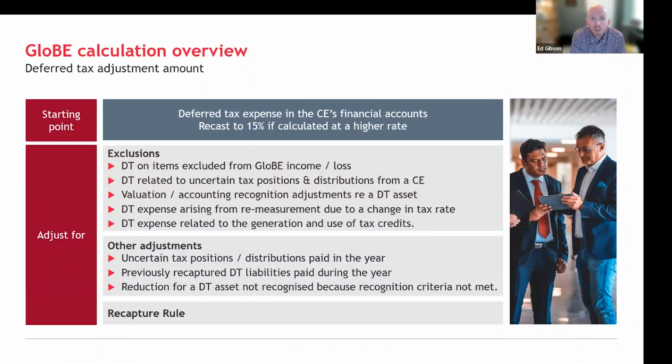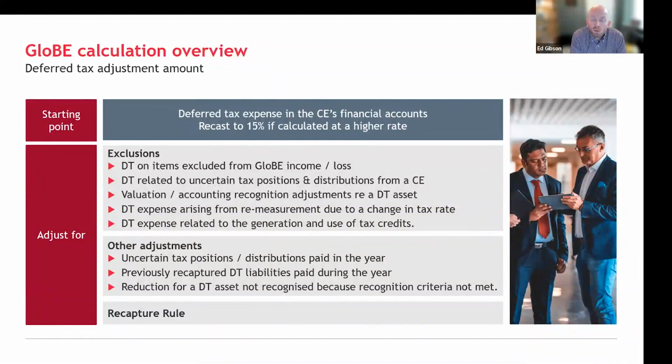So I mentioned uncertain tax positions, that has an equal impact for deferred tax. Also things such as valuation allowances that you may see if you're accounting under US GAAP in particular. If you have a valuation allowance against a deferred tax asset or liability, then that is ignored for these purposes. You don't make any judgments about recoverability, it all goes in.